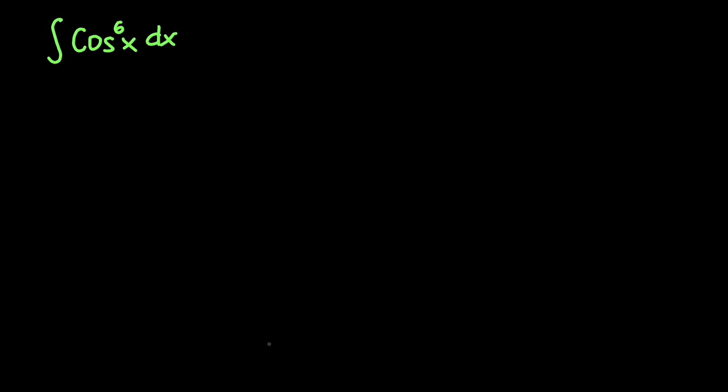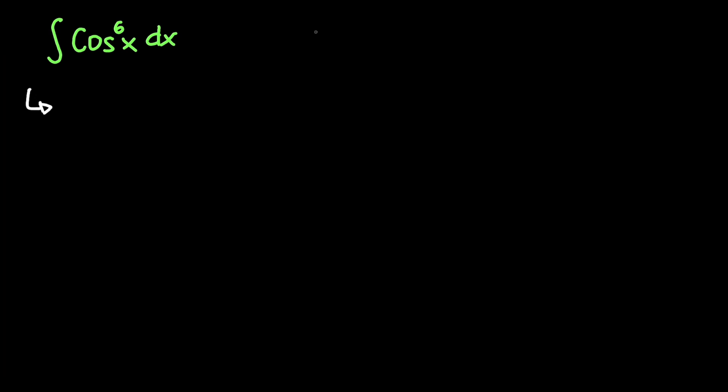Now, let us solve the integral of cosine to the power of 6 of x. Firstly, identify whether the exponent here is an odd or an even integer. What we have here is 6, so that makes it an even integer.